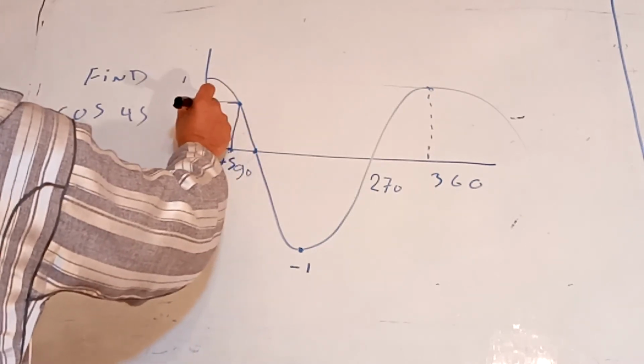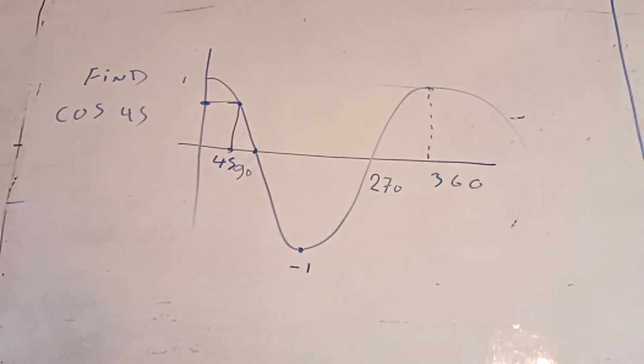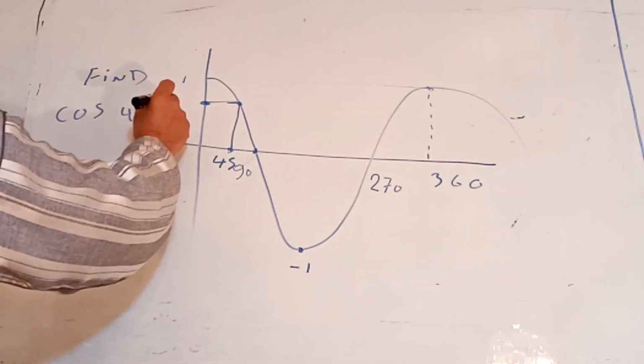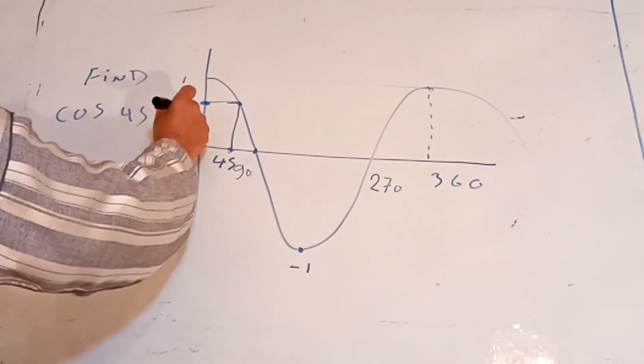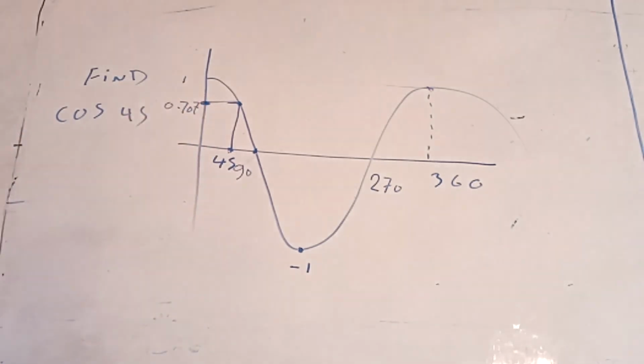This is the value of cosine 45. If you check it with the calculator, or if you do it on scaled paper and measure it, this will be 0.707.